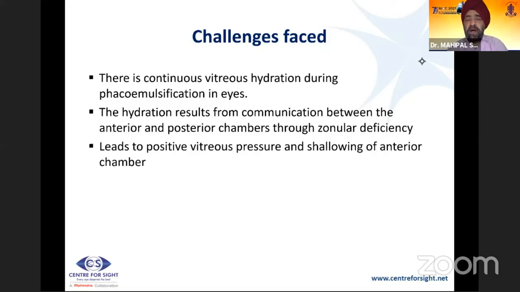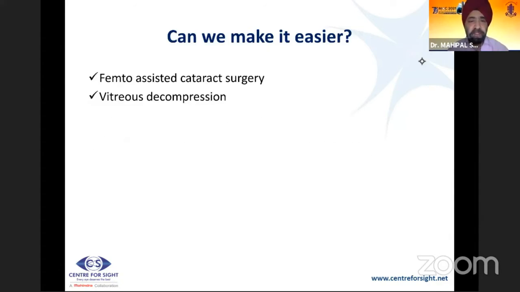There is also the problem of continuous vitreous hydration that happens during phacoemulsification in these eyes. The hydration results from communication between the anterior and posterior chambers through the zonular deficiency, and this causes a positive vitreous pressure and shallowing of the anterior chamber.